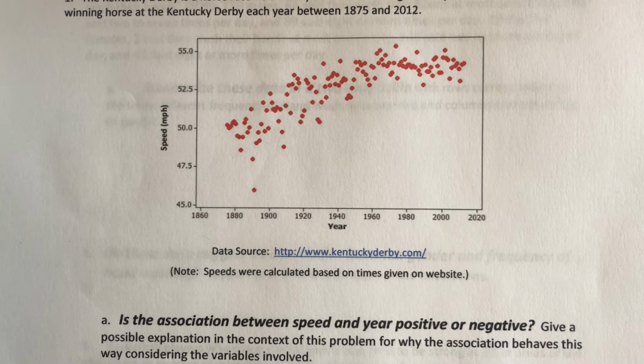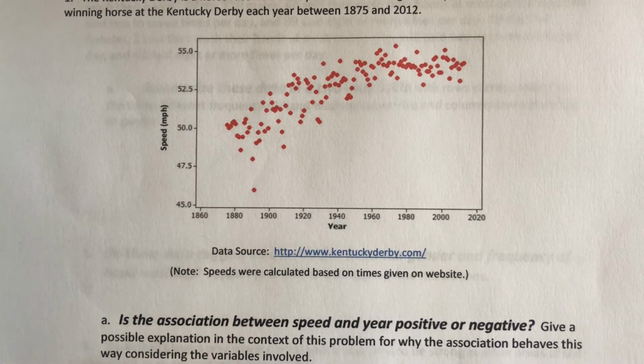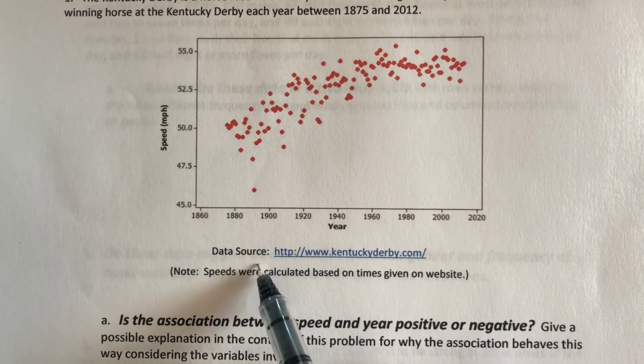Now it says, give a possible explanation in the context of this problem for why the association behaves this way considering the variables involved. So after you decide whether you think it's positive or negative, you should write a little sentence saying that you think it's positive because, or you think it's negative because, and you're going to want to include some language about the years and the speed of the horses, right?